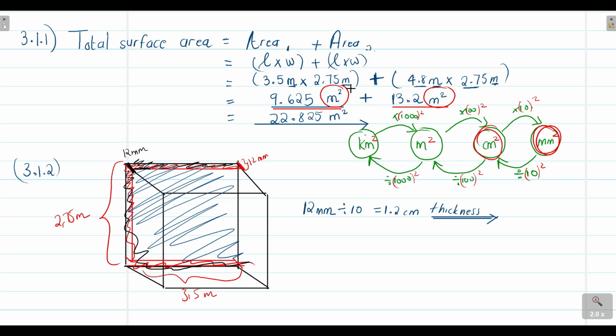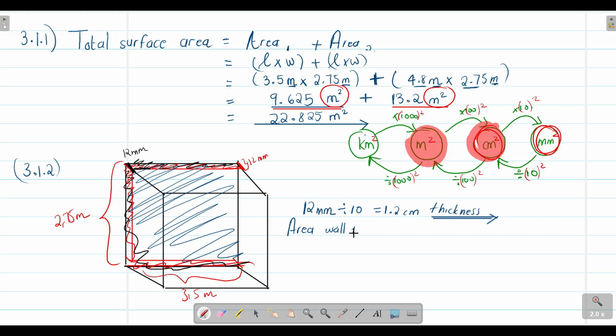We just want to now convert that 9.625 meters squared, that area of wall number 1, into centimeters squared. So that means that we are currently here, right? And we want to move to there. So what do we need to do in this case? Okay, so for wall number 1, the area is just going to be that 9.625 meters squared.